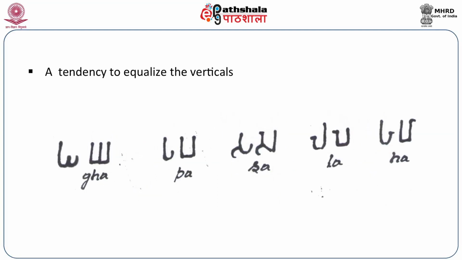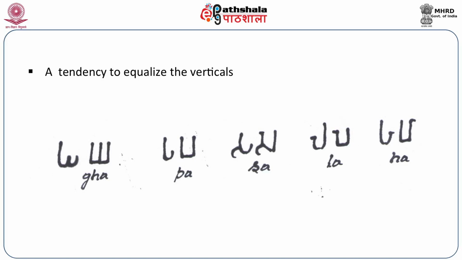And the tendency to equalize the verticals. This is another aspect to be kept in mind. Gha you see here with a cursiveness, whereas in the second phase you find they become angularized, and then Pa, the left limb, the vertical is longish, whereas in the second phase it is equalized.